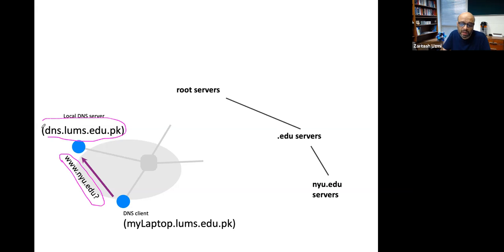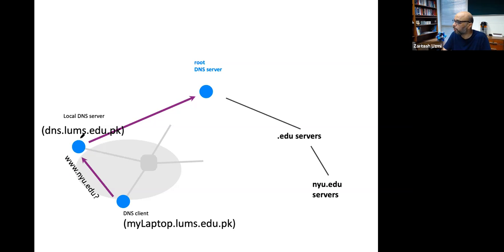Okay. If dns.lums.edu.pk has previously cached the response, कभी किसी और ने पूछा होगा, उसने हो सकता है कैश किया हो, लेकिन हो सकता है ना कैश किया हो. अगर कैश किया होगा तो वो यहीं से जवाब दे देगा. अगर कैश नहीं किया हुआ तो क्या करेगा, वो रूट से पूछेगा. वो कहेगा प्लीज ट्रांसलेट www.nyu.edu for me because I want to answer this guy.